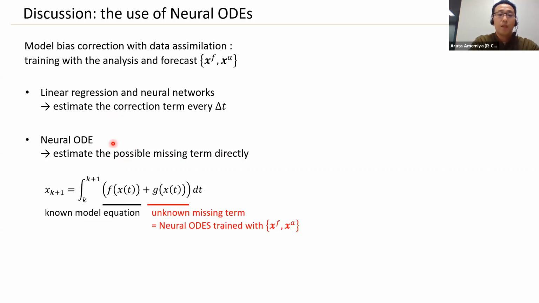So when combined with the known imperfect model equation, we can estimate the unknown missing term directly.